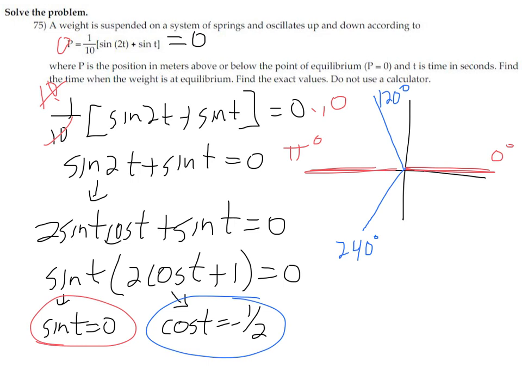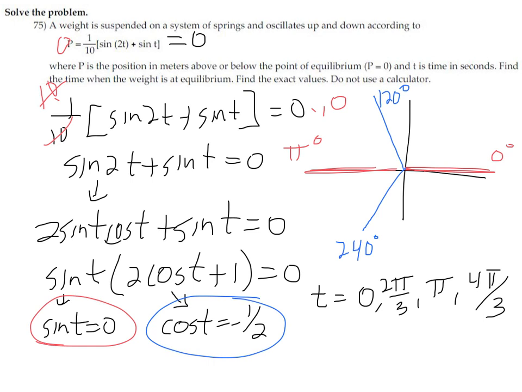Or radians, we could also go with radians. So these four answers in radian mode would be x, not x, how about t? t equals 0, pi, let's see, 2 pi thirds, pi, and 4 pi thirds.